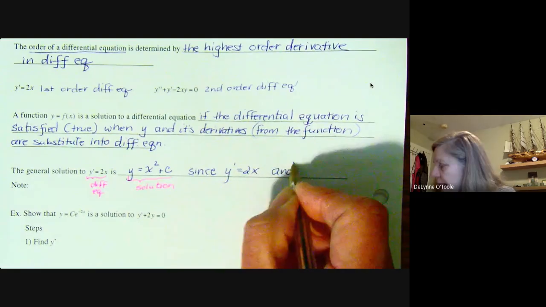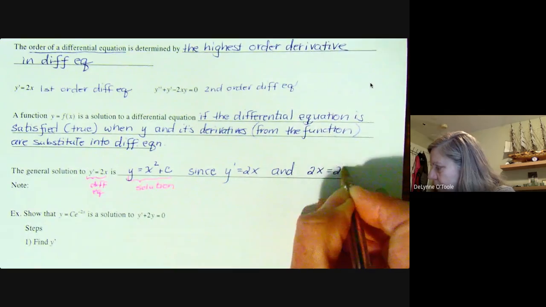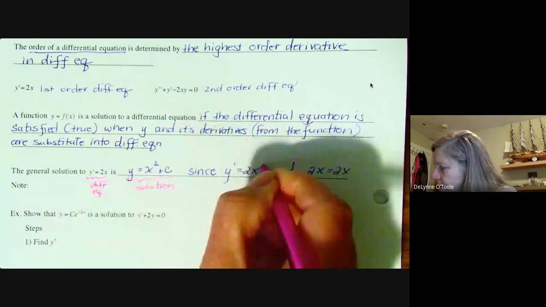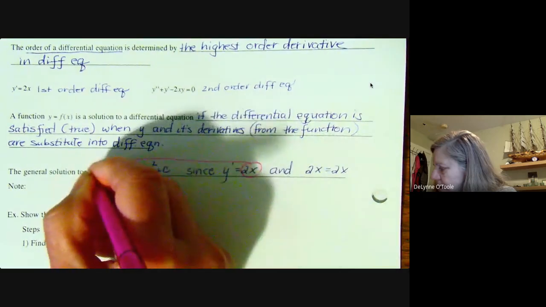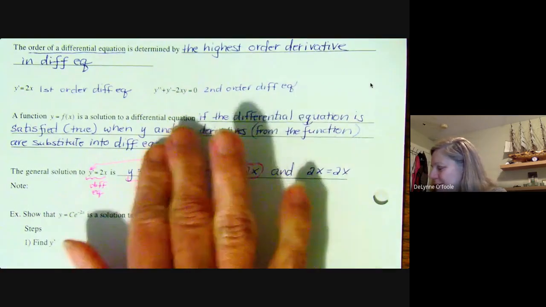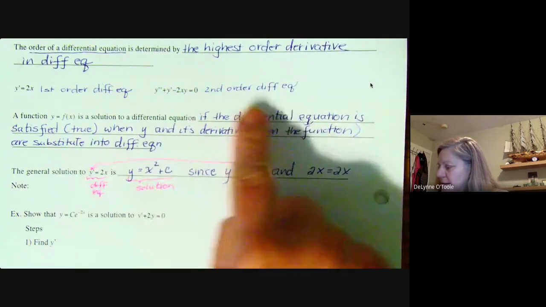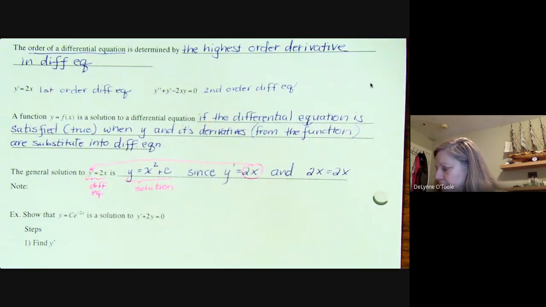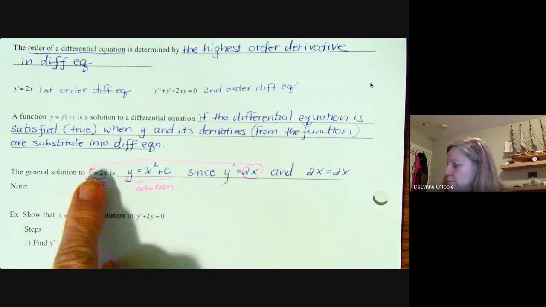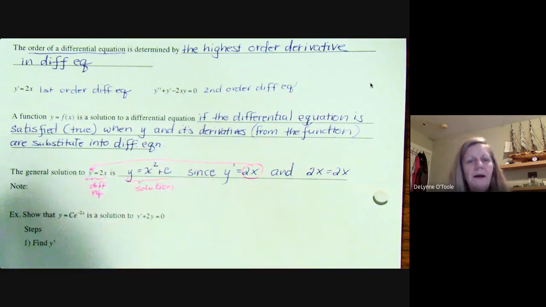And that, in fact, makes the differential equation true when I substitute this in there, okay? So when you're dealing with a simple equation, it's hard to make this make sense. I'm going to make this whole thing make sense in a more complicated example, but just know in your most basic differential equation, your solution is found by anti-differentiating. That's all you need to know here.